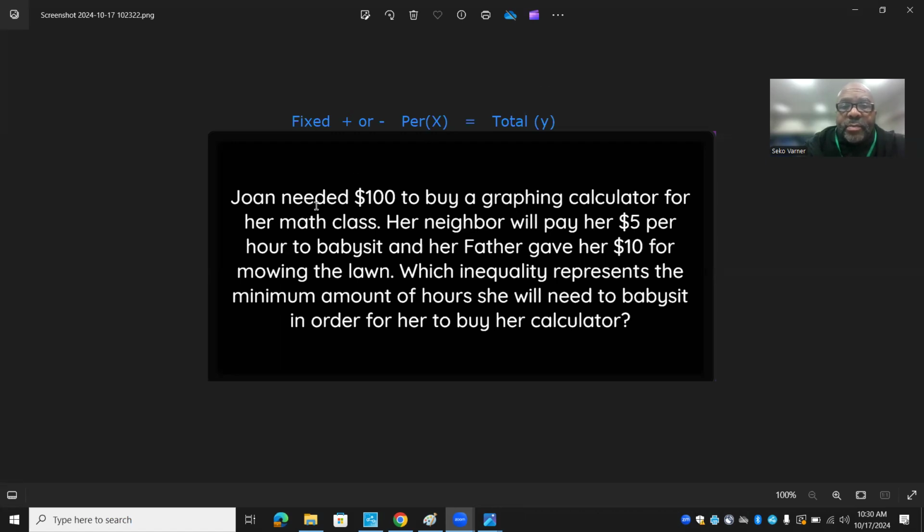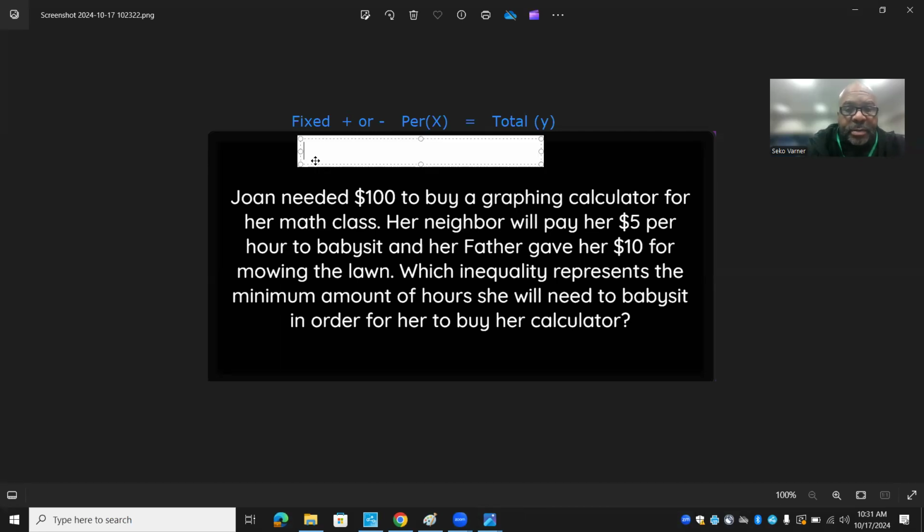We're going to start filling in the information. Our fixed number, when I look around here, her father gave her $10. That's the fixed number, so I'll put a 10 here.